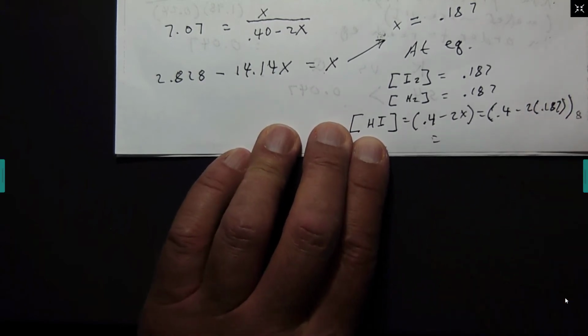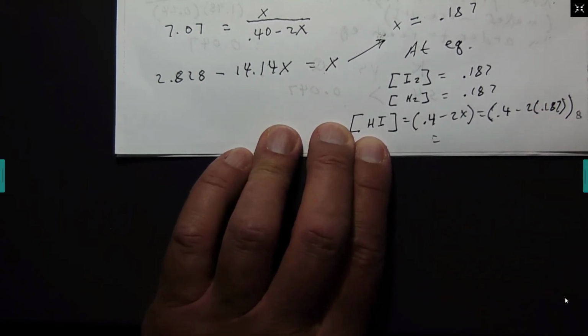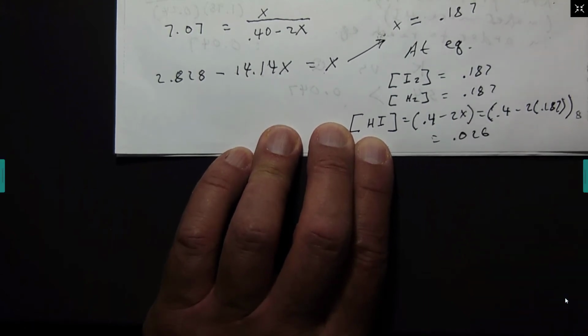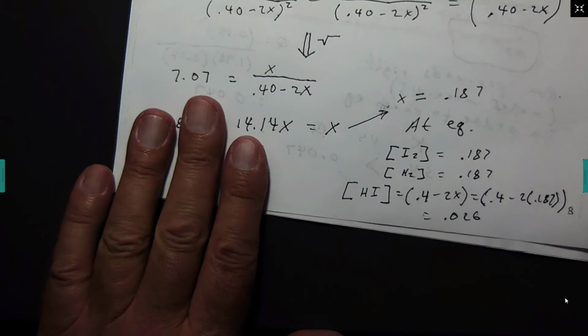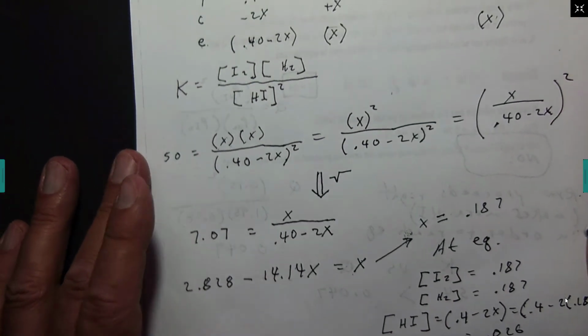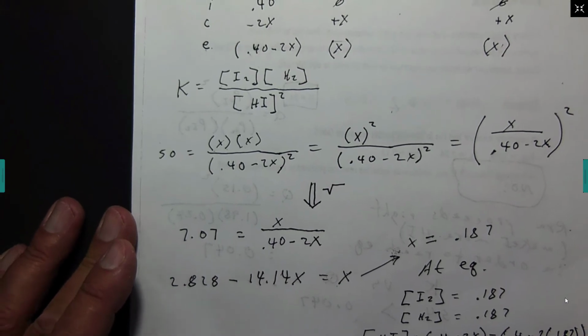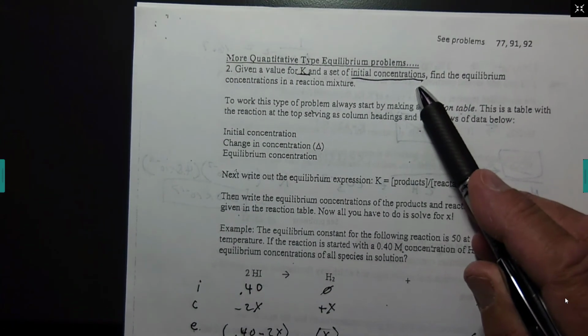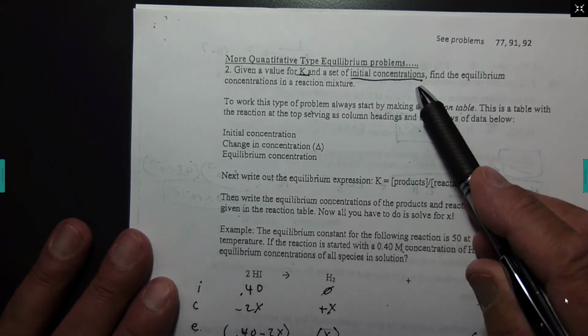And your equilibrium concentration there is going to be 0.026. So these types of problems are pretty common. Again, these are ones where you're given an initial set of concentrations.